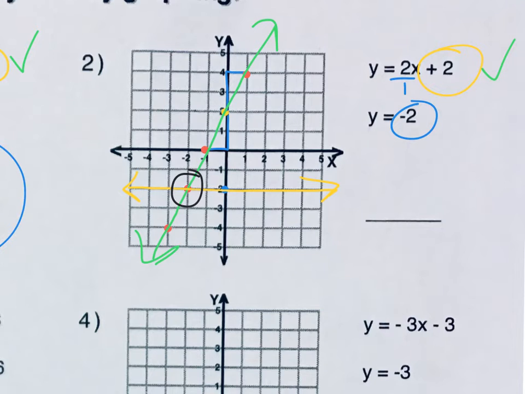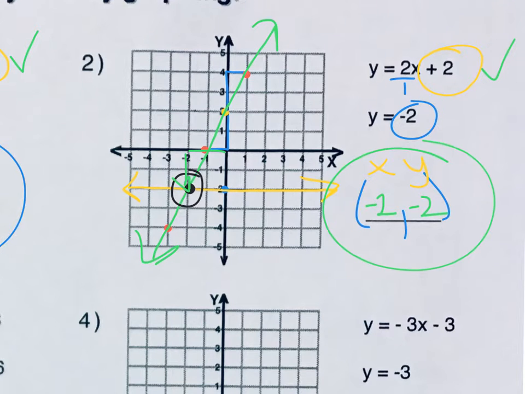There is our intersection point. A little bit over. Now we name the ordered pair. This is one solution. So we name the ordered pair, the x and the y. So on the x, it's back at -2, and on the y, it's back at -2. That is our final answer.